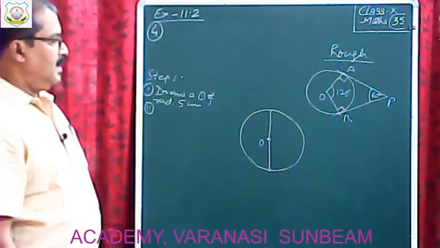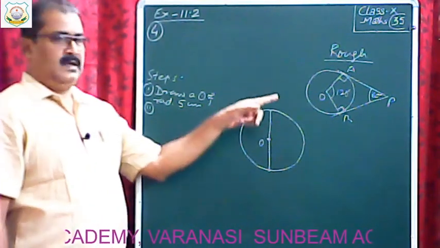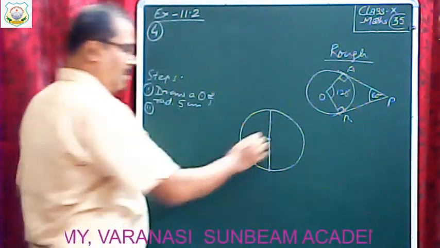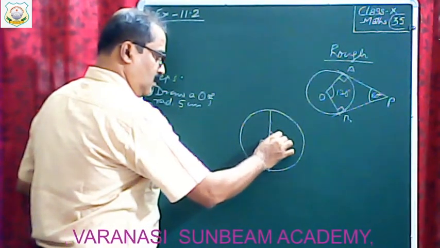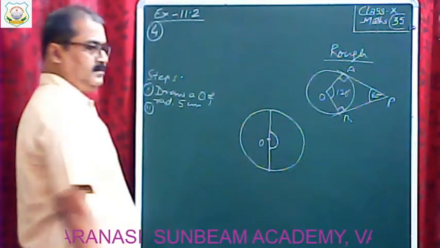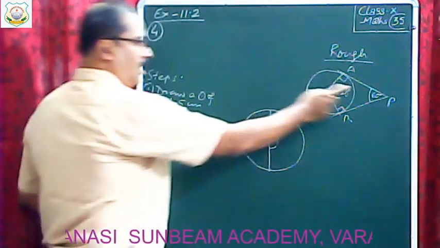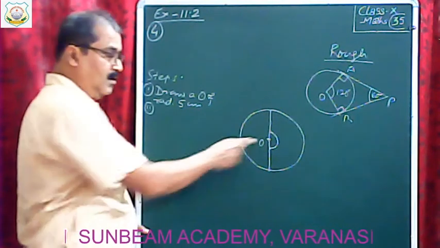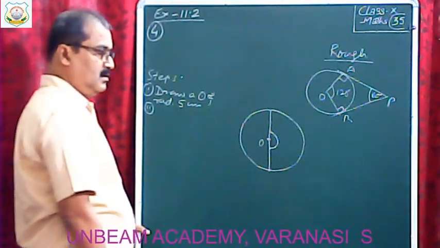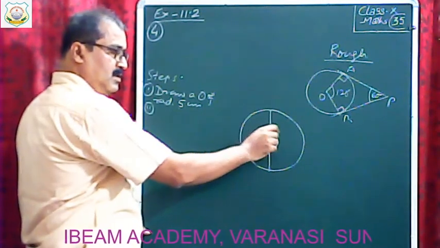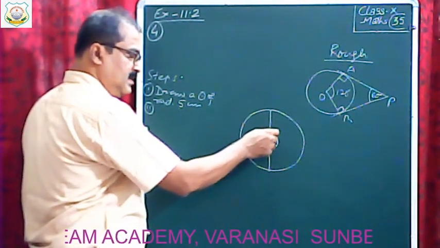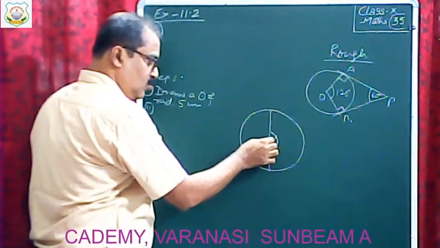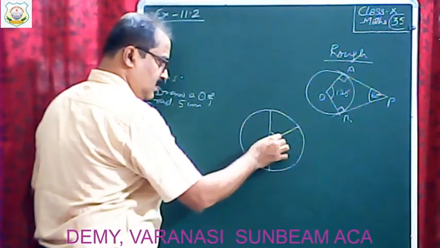Thereafter, the inclined angle is given, that is 60 degree. You have to draw 60 degree on this diameter, taking O as initial point. Using compasses, draw an arc of any radius, then with the same radius draw another arc and join it, as you know how to draw 60 degree.